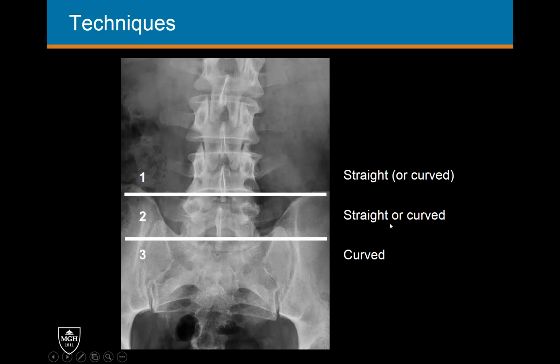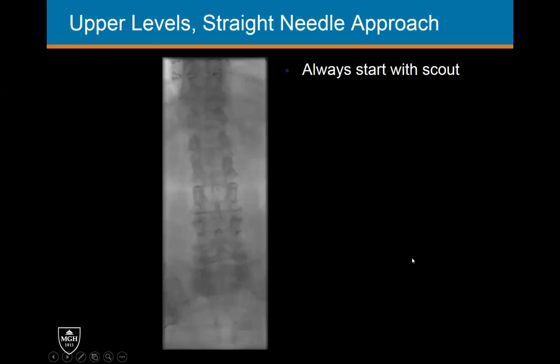At L5-S1, you can do straight or curved, but it's going to be more curved. We try to do straight because the anatomy is easier, as you'll see when we do it, but curved is often needed because of the different roadblocks in the way. And then at S1, it's always a curved needle approach.